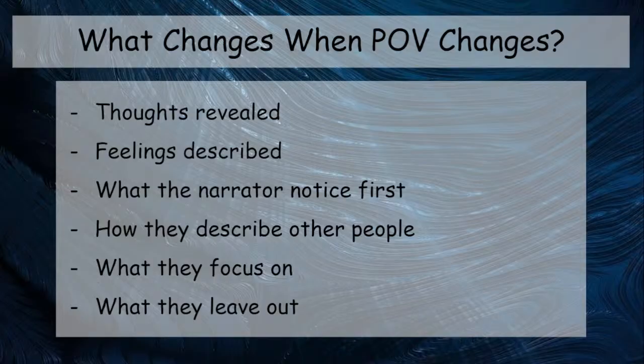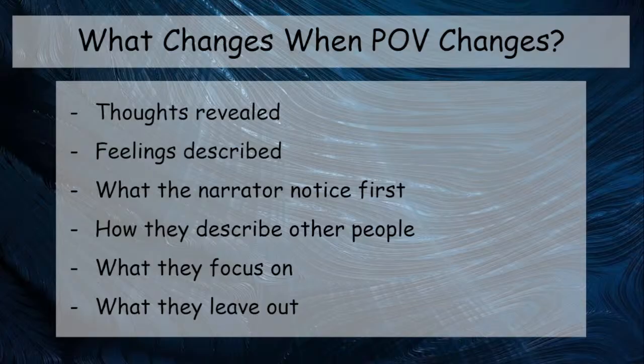The person that fell down would probably notice things like the texture of the ground, or they would feel shocked that they fell down. The person that watched them fall down would notice different things like their facial expressions, let's say where they were when they fell down, things like that. How they describe other people is based on their impression of the other person.